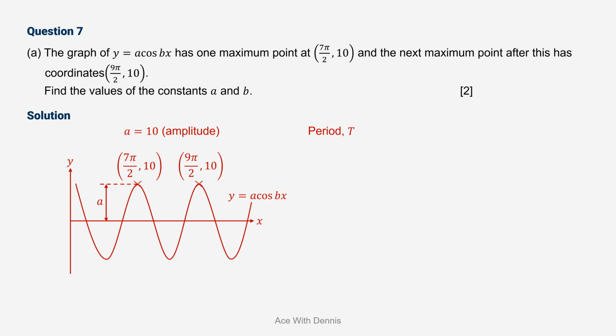To get the period T, this is 7 pi over 2 and this is 9 pi over 2. So this is the period. Therefore, we get 9 pi over 2 minus 7 pi over 2, which is pi. B is 2 pi over T, which equals 2 pi over pi, which is 2.